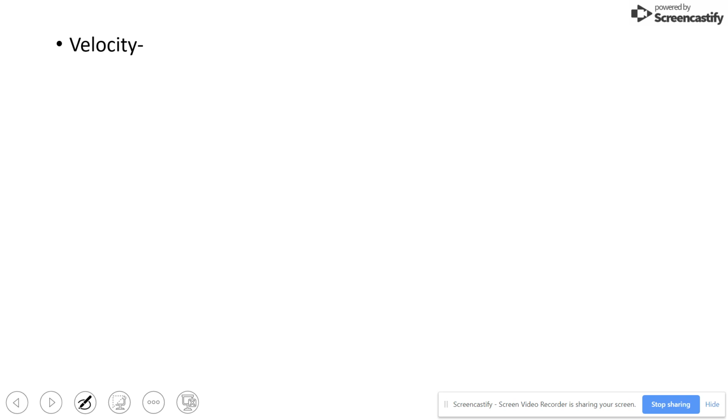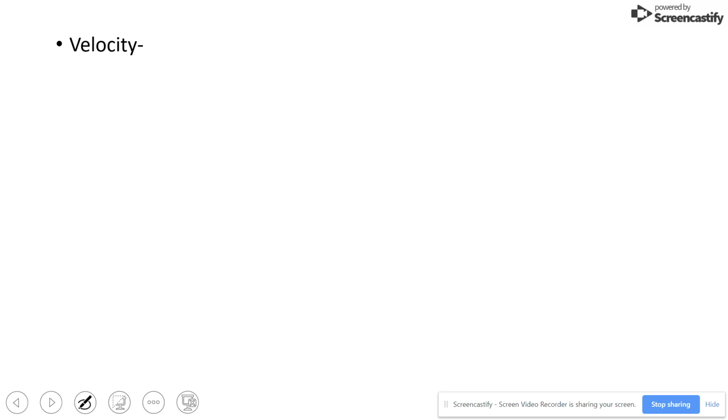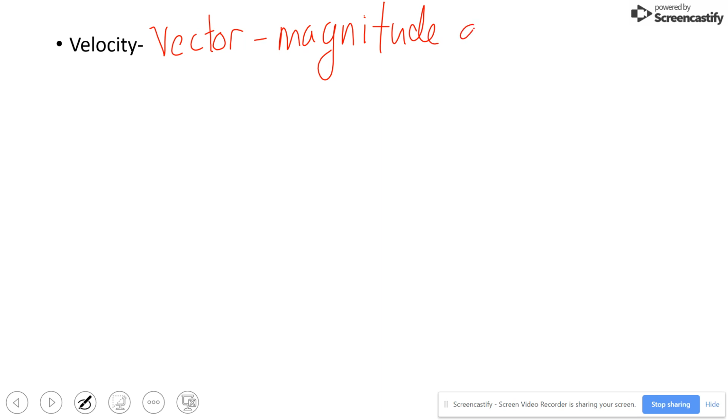All right, so now when we move on to the bottom part, we're going to look at velocity. Velocity is going to be a vector. And with vectors, remember, they need a magnitude and a direction. And remember, we can represent vectors with arrows.